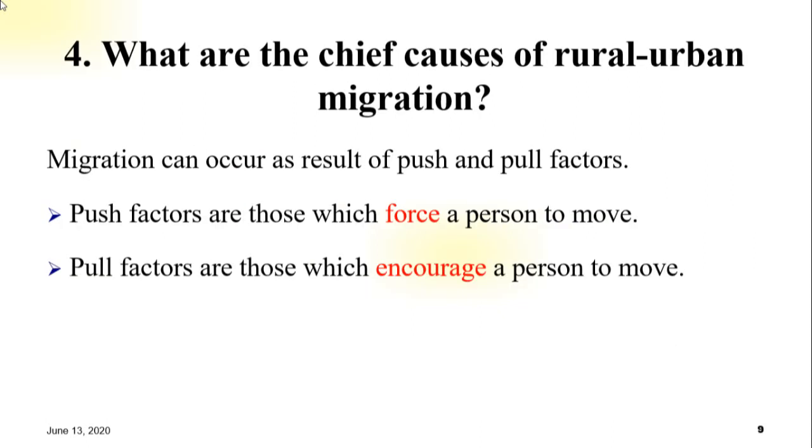Number 4: what are the main causes, or the chief causes, of rural-urban migration? Migration can occur as a result of push and pull factors. This point is from point number 1, what is migration.